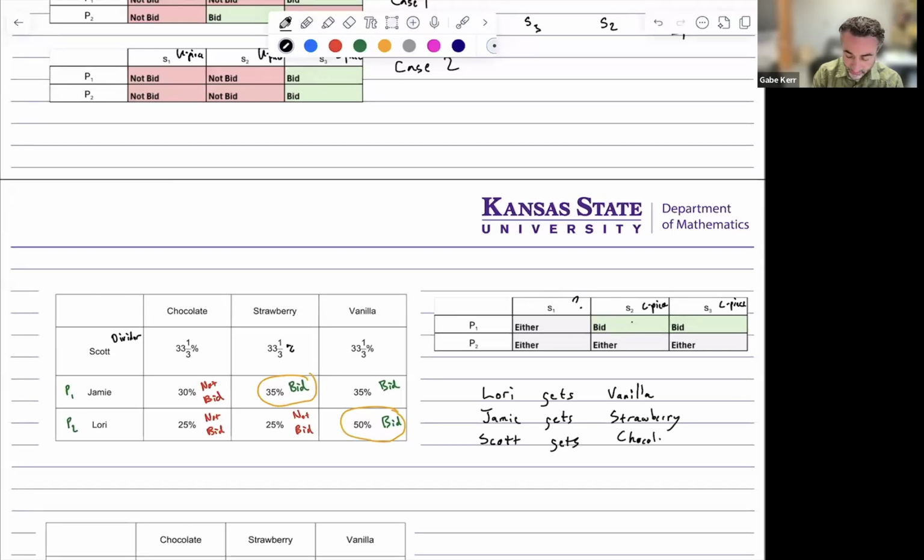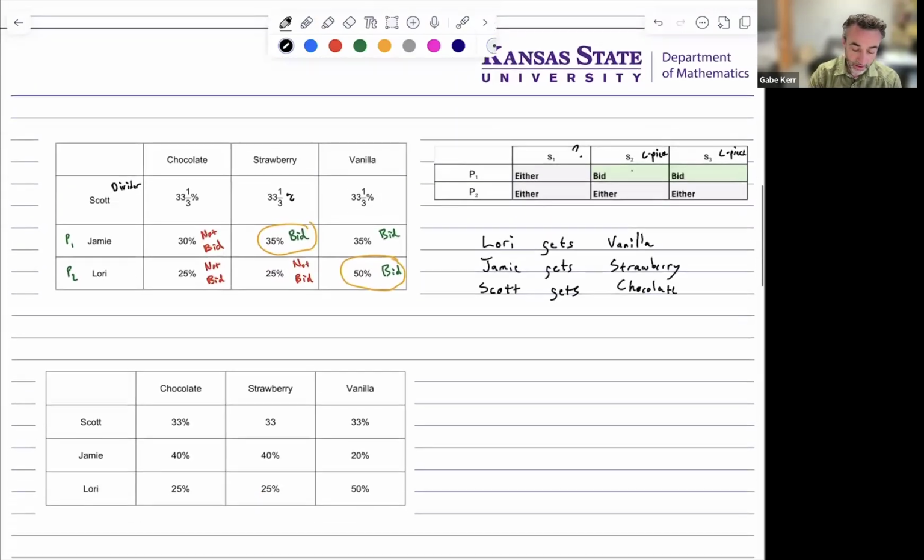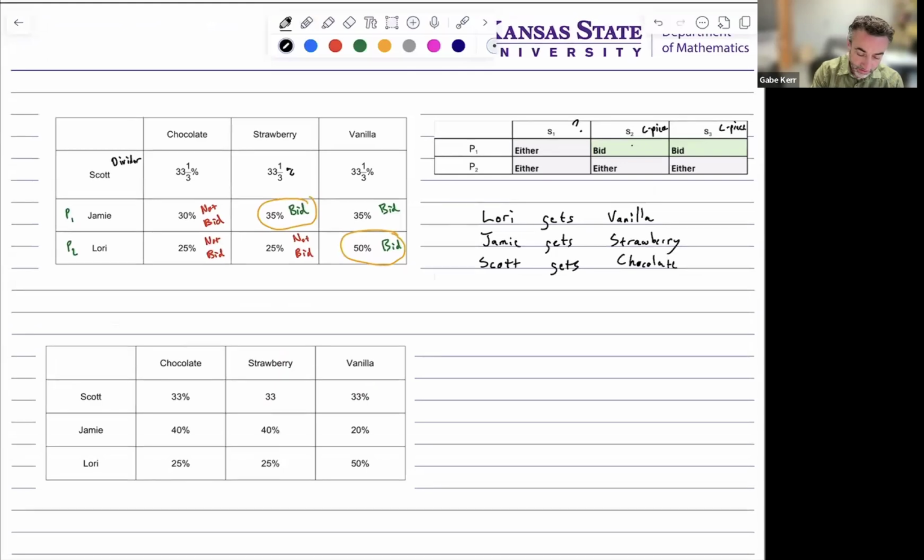Let's take a look at another version of this. And again, this is a case 2 version. If we have a similar version here as before, where Scott is dividing chocolate, strawberry, and vanilla, but Jamie just realized she really actually prefers chocolate and strawberry and doesn't have much of a taste for vanilla at all, then we have to redo the bids here.